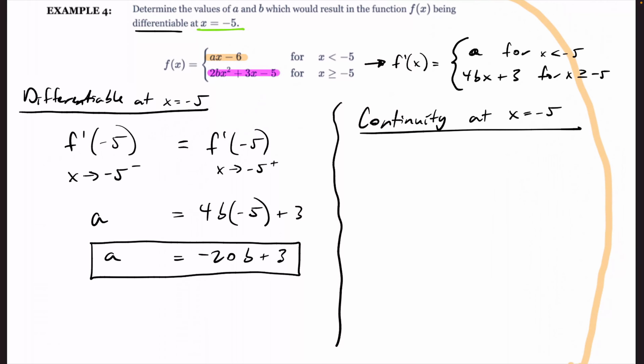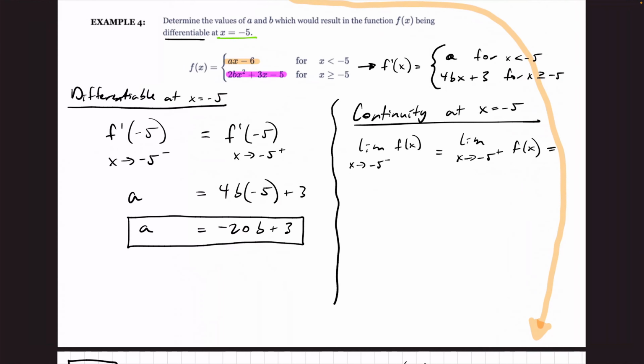So this one is what we did last chapter: the limit of f of x as x approaches negative 5 from the left is equal to the limit as x approaches negative 5 from the right. That has to be equal to f of negative 5, the y value.